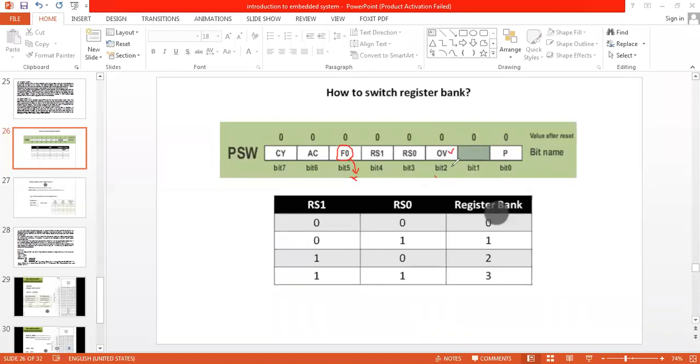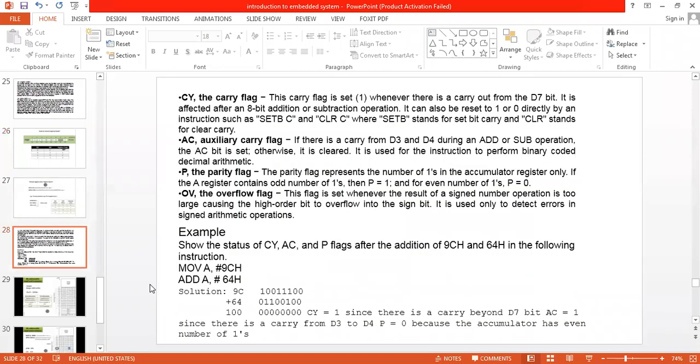Bit 2. Here OV stands for overflow flag, and there is a P also that we will see. Basically this flag is going to be set or reset depending upon the result of signed operations. We know what an unsigned and a signed number is.